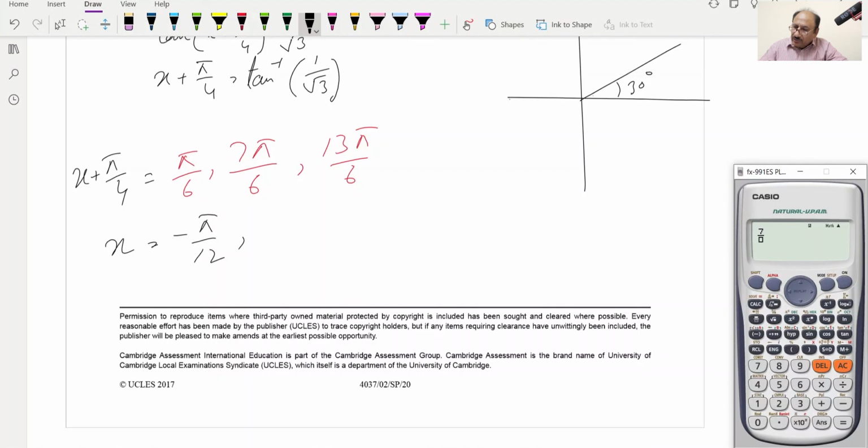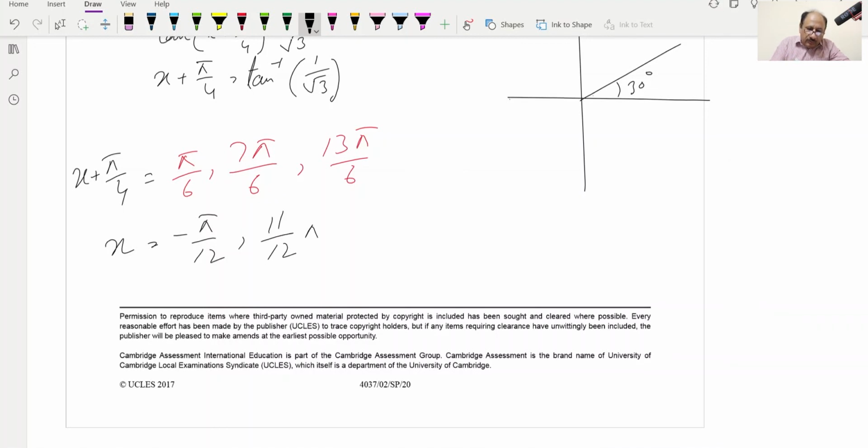The next angle is 7 pi over 6 minus pi by 4, which is equal to 11 by 12 pi.